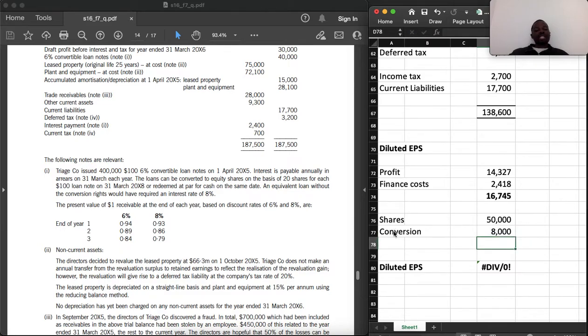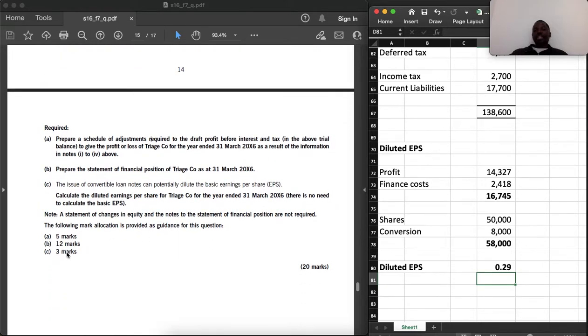So we'll get 8,000. When we sum that, we get 58,000. Then here, I've already calculated for us our diluted earnings per share, which will be our revised profit divided by our revised number of shares. We get 29 cents. This is what was required of us for 3 marks.